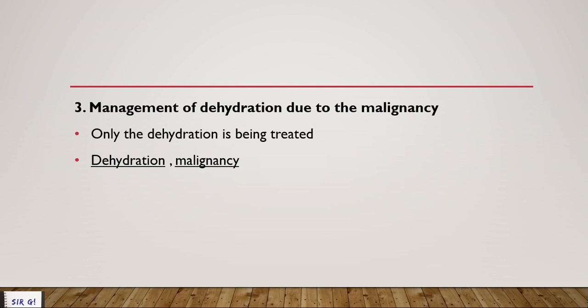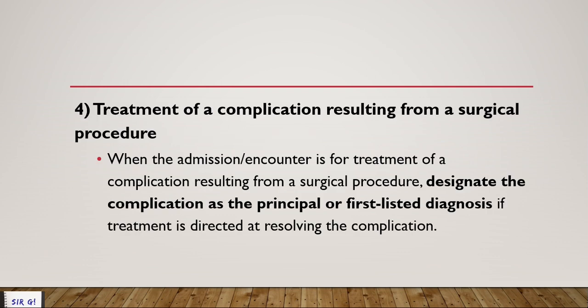Okay, so the additional guideline here is the first listed code should always be the reason for encounter or the first focus of treatment. Okay? Treatment of complications resulting from surgical procedure. We're talking about complication. Again, your first code should be your complication.